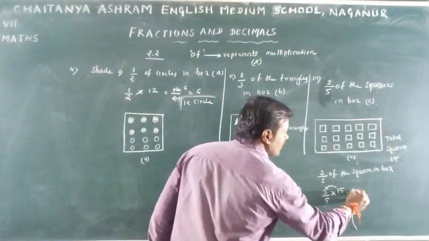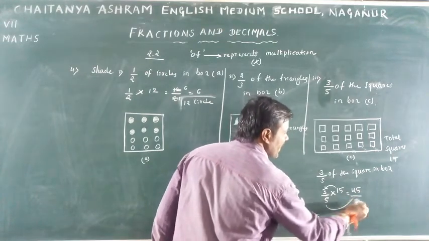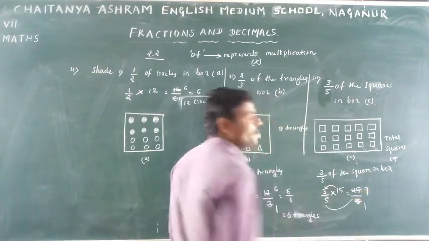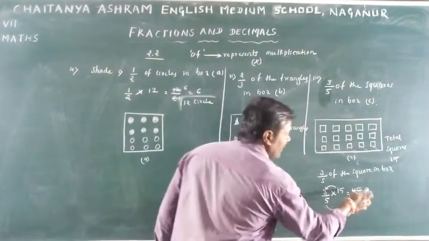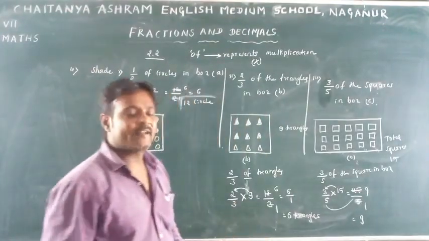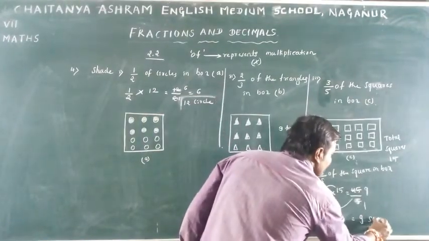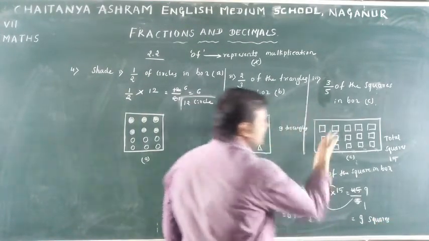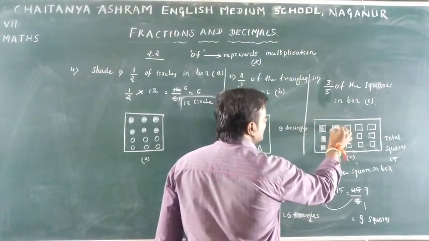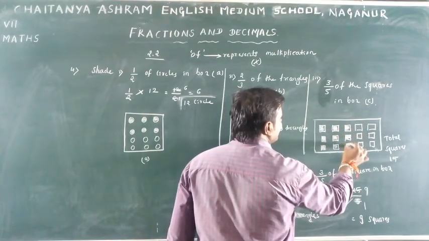15 into 3 is 45, keeping the denominator as it is. Sorry, it is 5. 5 ones are 5, 5 nines are 45. 9 divided by 1 is 9. So how many squares do we have to shade? 9 squares. Shade 9: 1, 2, 3, 4, 5, 6, 7, 8, 9.